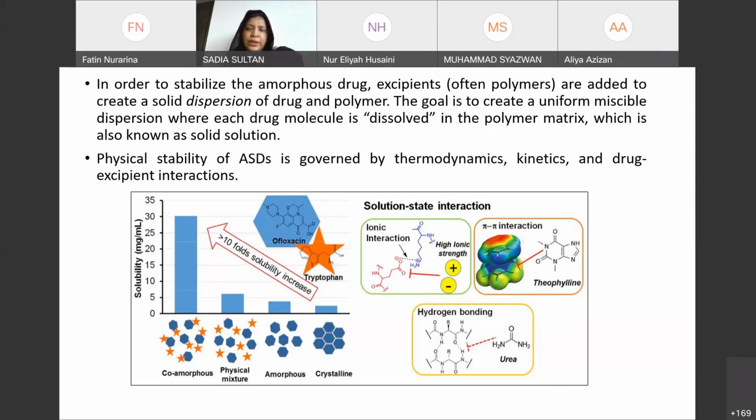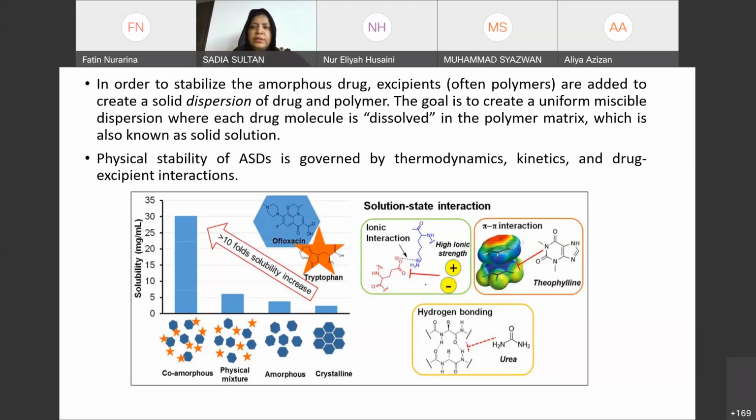There are three types of interactions: ionic, if they're positive and negative; and if they have oxygen and hydrogen here, they can have hydrogen bonding. You know what hydrogen bonding is, right? This is called a weak bond. And you have pi interactions, because they make layers. For theophylline, you can see they can have pi interactions.